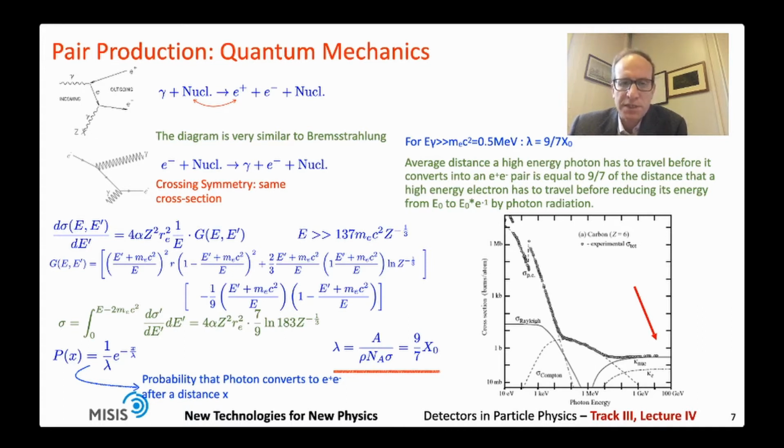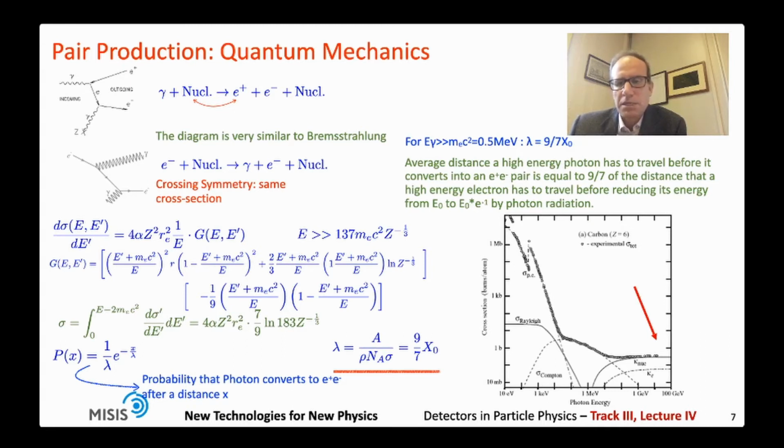It's 9/7 of the radiation length, so it's very close to the value of the radiation length. So let's say only about 30% larger.